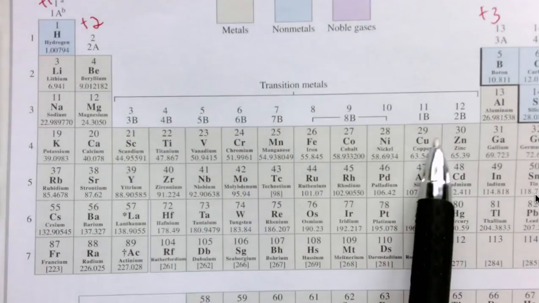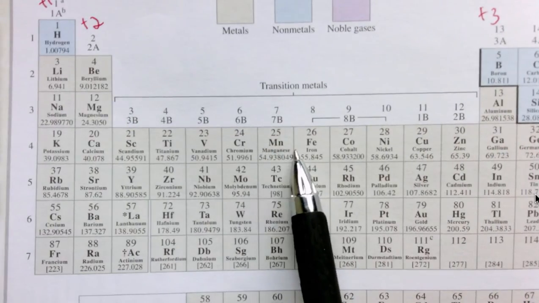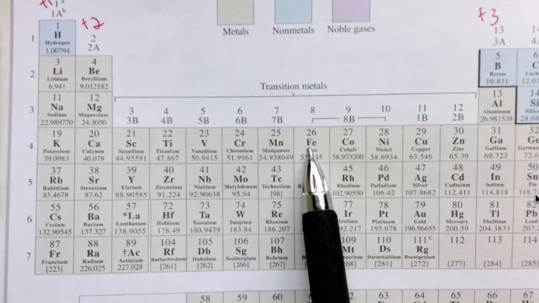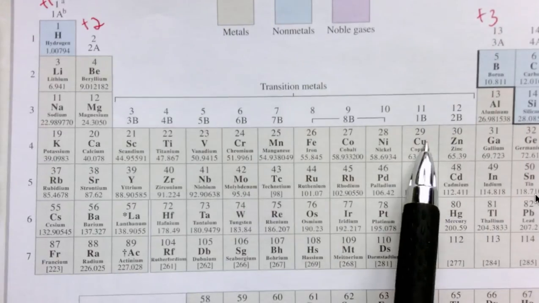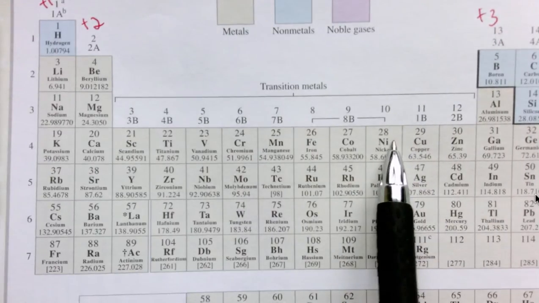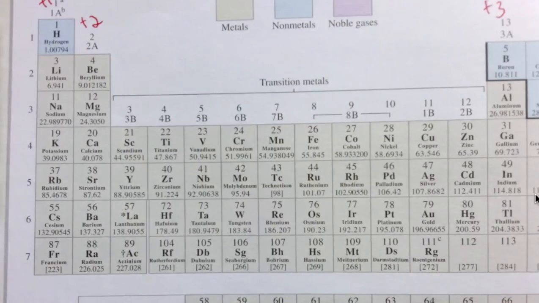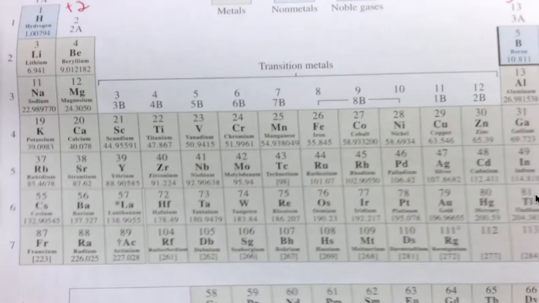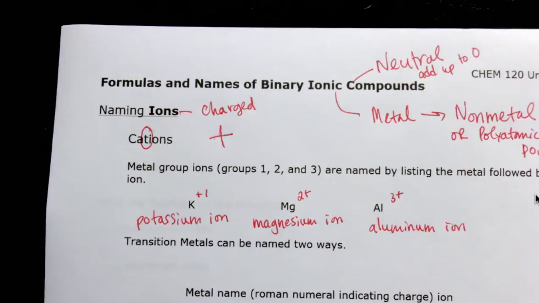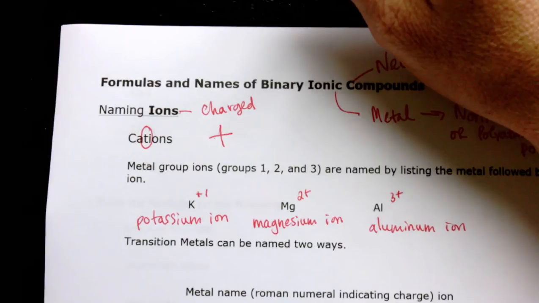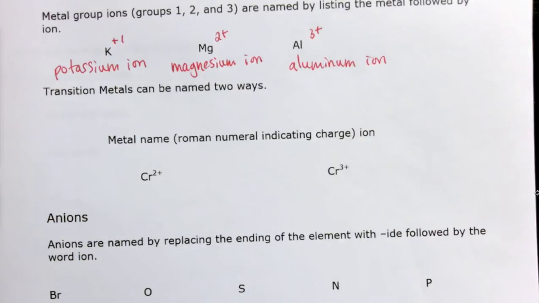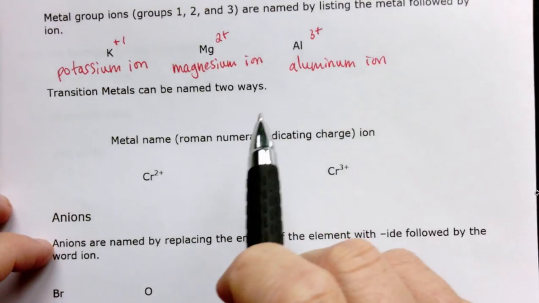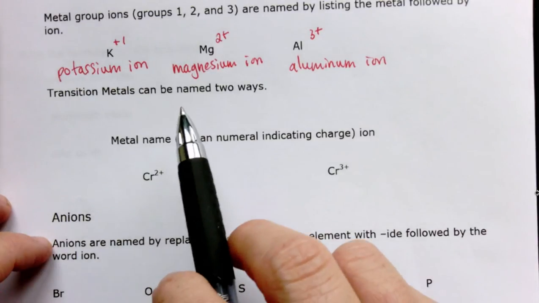Transition metals, it depends. Iron, for instance, right here, can have a +2 or a +3. Nickel could be +2 or +3. Now I know these. I don't expect you to know these. But because different transition metals can have different charges, we need to specify that. For this class, we're just going to learn how to name transition metals one way.